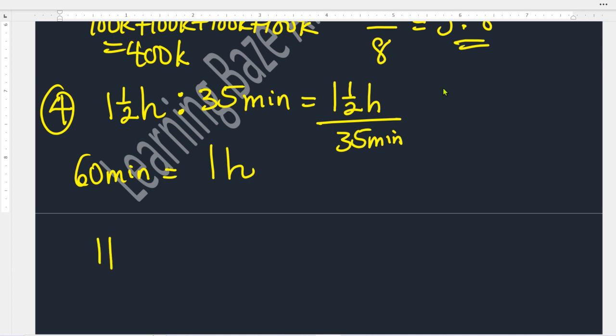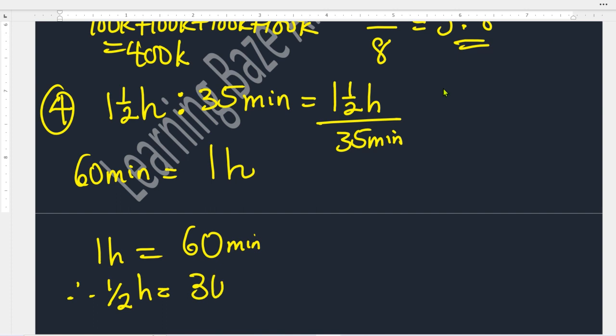If 1 hour is equal to 60 minutes, therefore, what is half an hour? Because 1.5 means 1 plus half. So half of 60 will be 30 minutes. Okay, that's half of 1 hour.